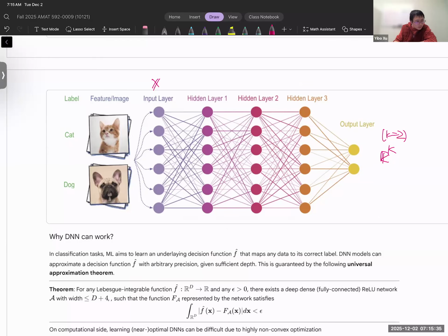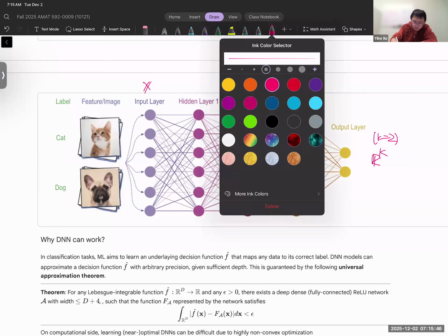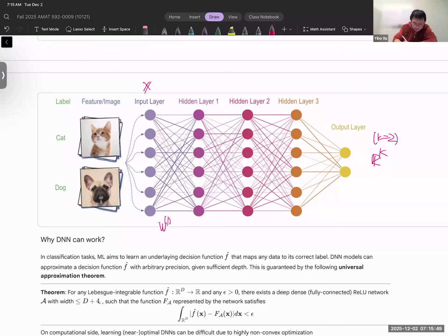In terms of notation, let's just not do anything for the notation. So what do we actually do? We have the input layer. We have W1 as the matrix and the bias, and then you feed X and B1, that gives you Z1 as the pre-activation vector. Then you feed it to the activation, which gives you A1 as the output for the first hidden layer.